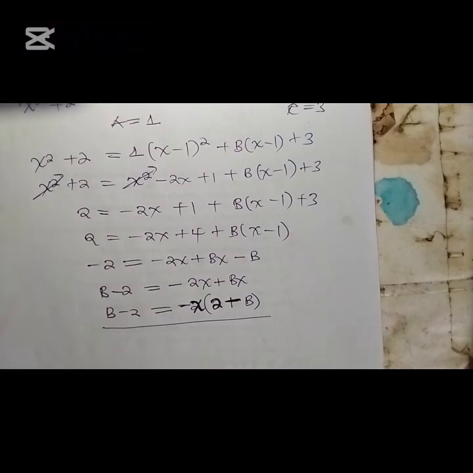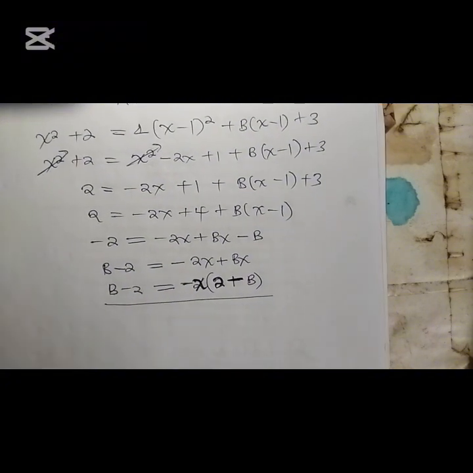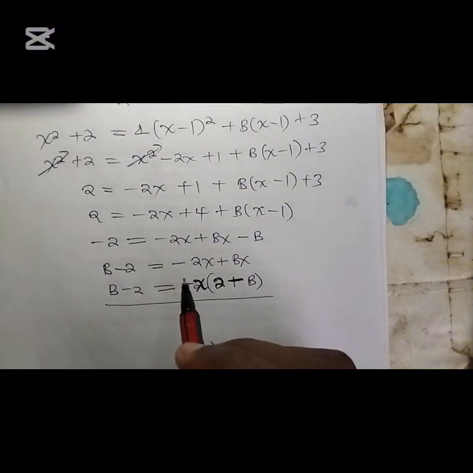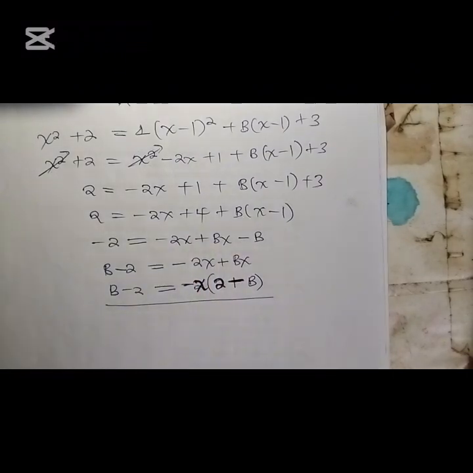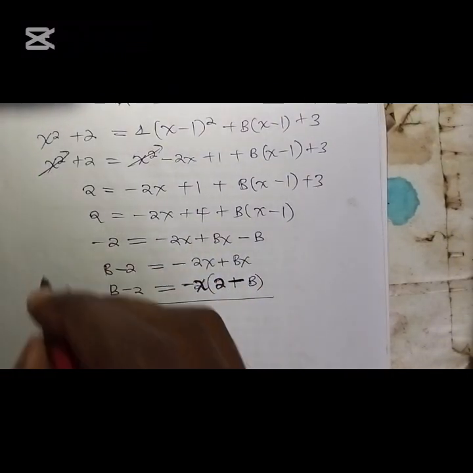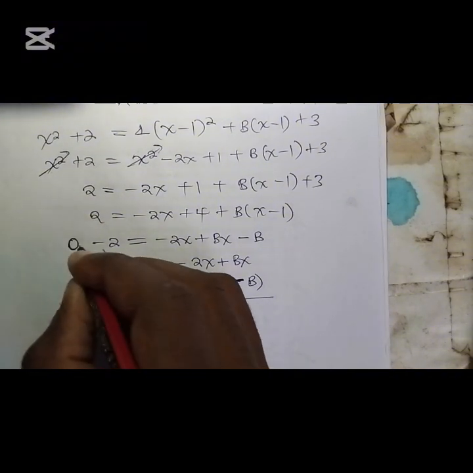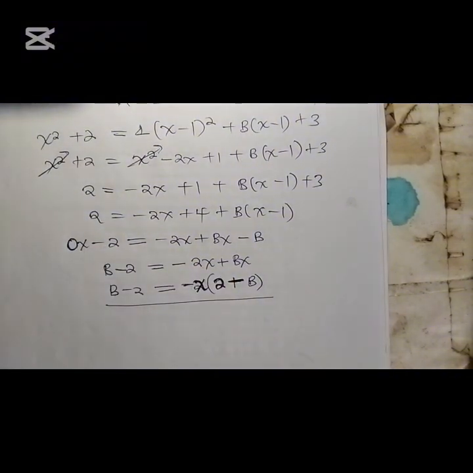So from here now, since we don't have something which has an x here, by the rule of mathematics we can add 0x, like that.